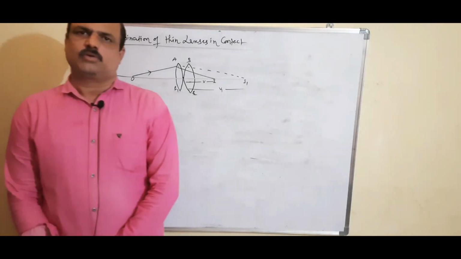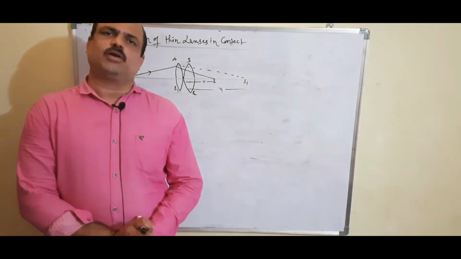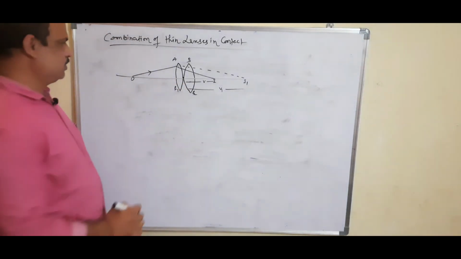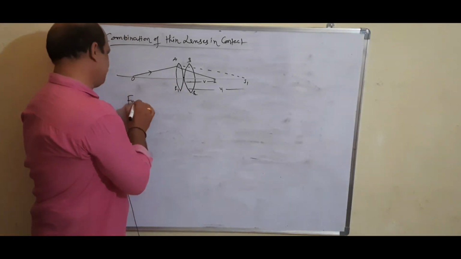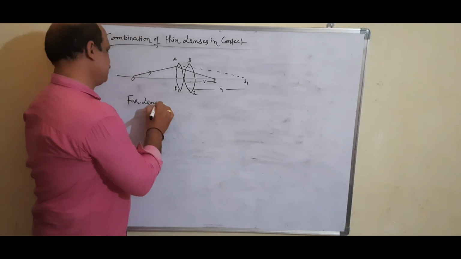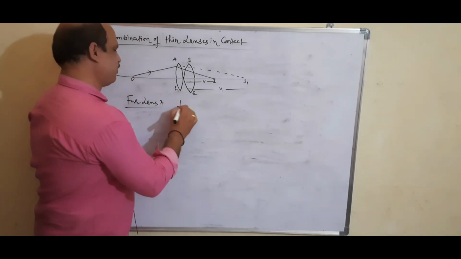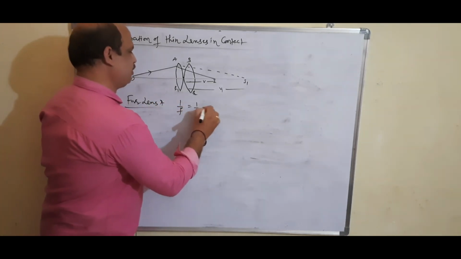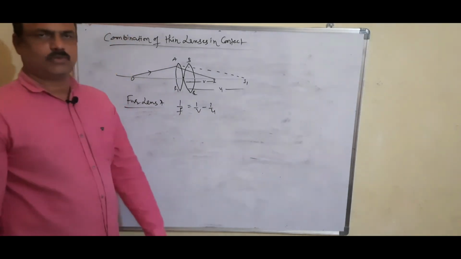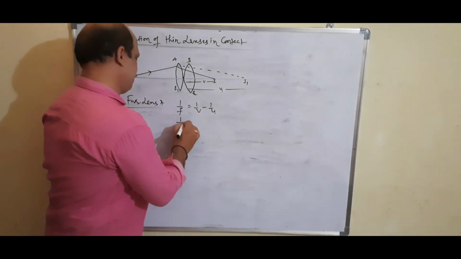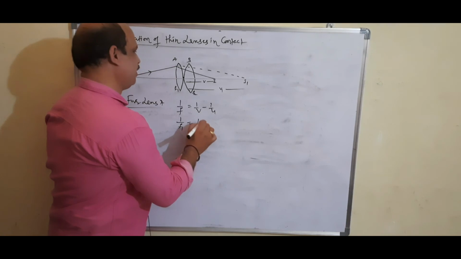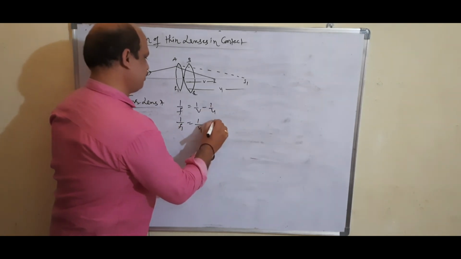Now we are going to derive combined focal length of this system. So for lens A, what is the lens formula here? 1 by f is equal to 1 by v minus 1 by u. So 1 by f1 is equal to 1 by v1 minus 1 by u.